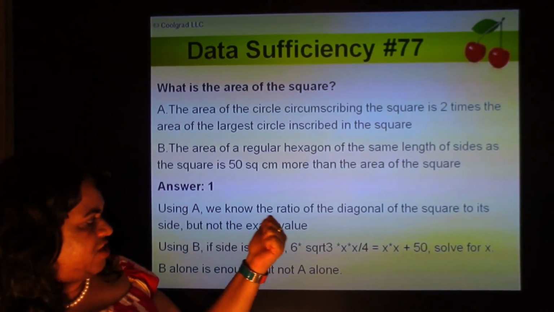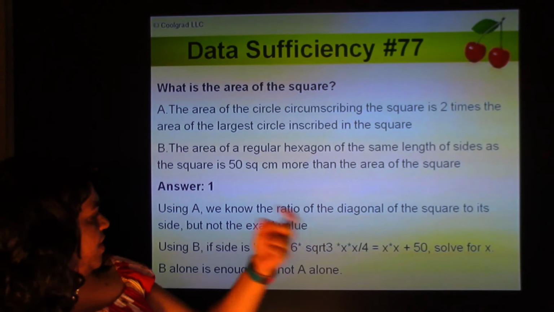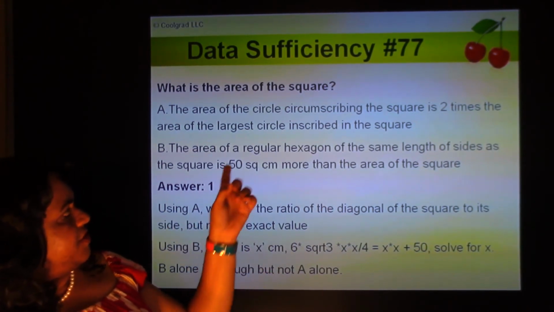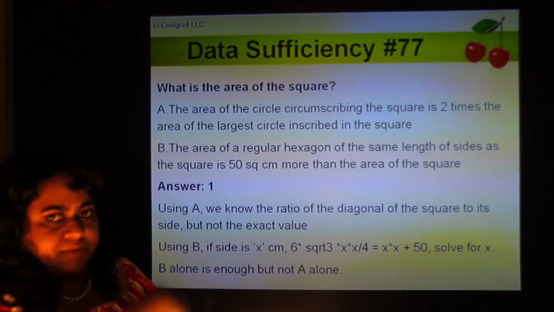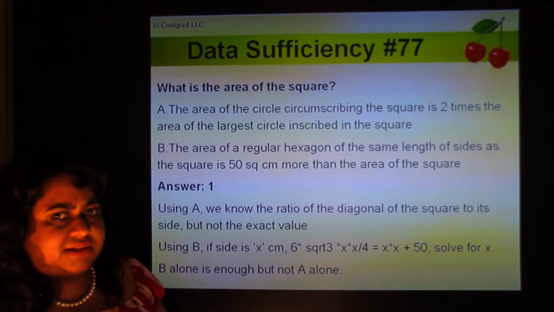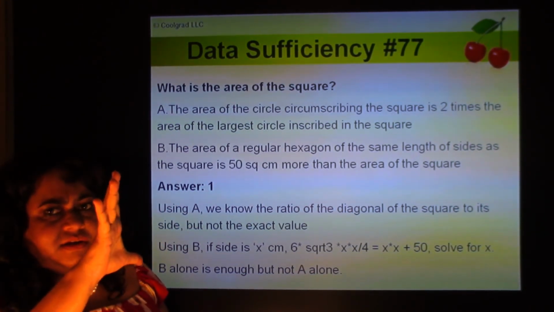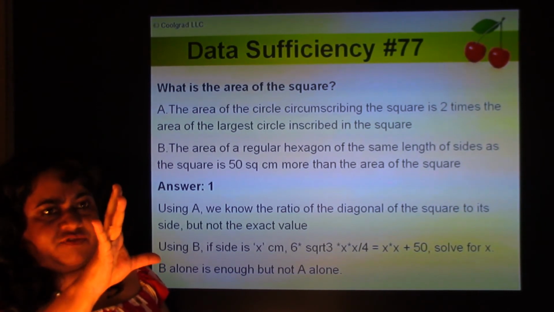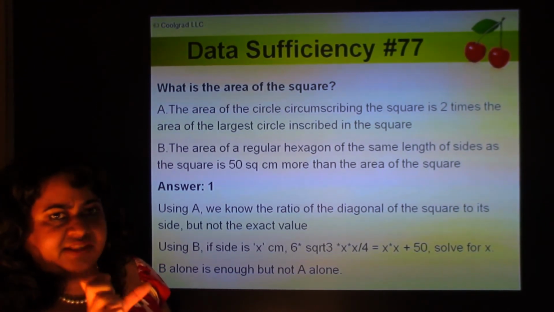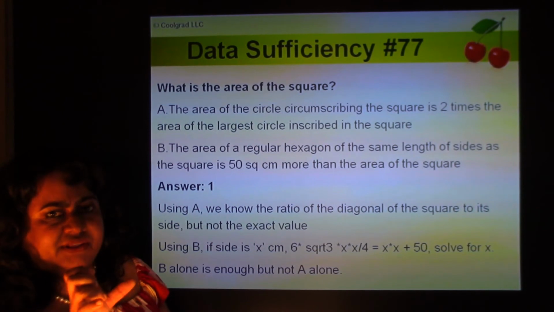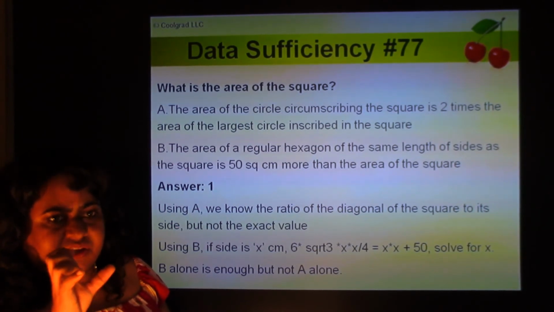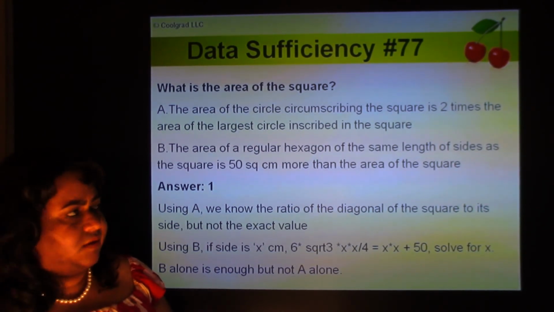Using A, we know the ratio of the diagonal of the square to its side. So there is a square and there is a circle circumscribing it and the circle inscribed in it. The radius of the circle circumscribing it is half of the diagonal of the square. And the radius of the circle inscribed in it is half of the side of the square.